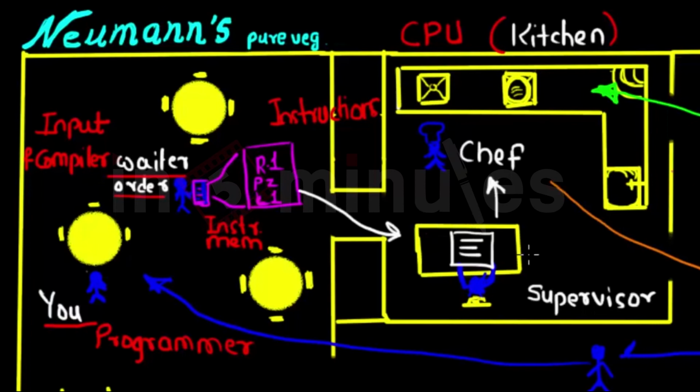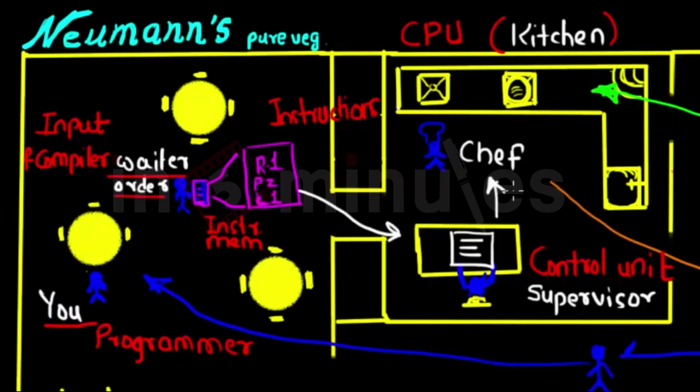As you can see, the supervisor is decoding the instructions and also controlling the other elements in the restaurant. So supervisor is nothing but the control unit. Control unit reads the instructions from the instruction memory, decodes them, understands what they mean, and provides the control signal to other components of the CPU.